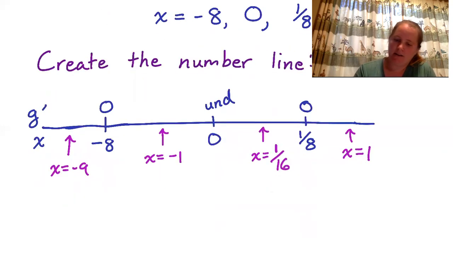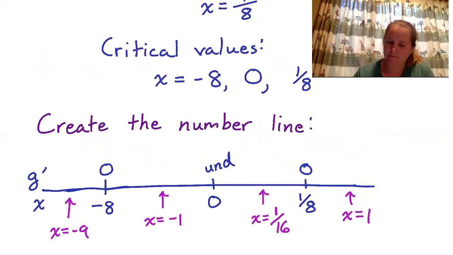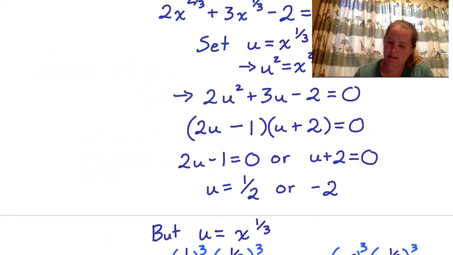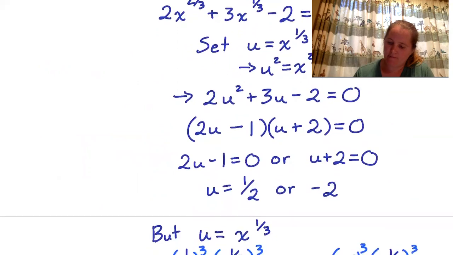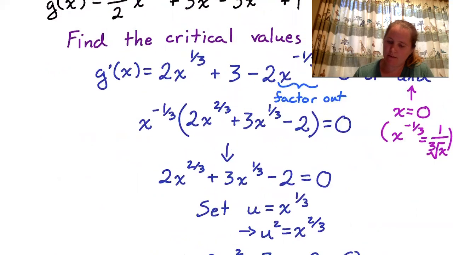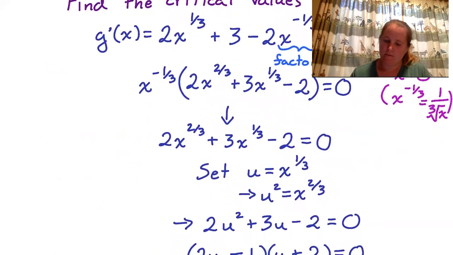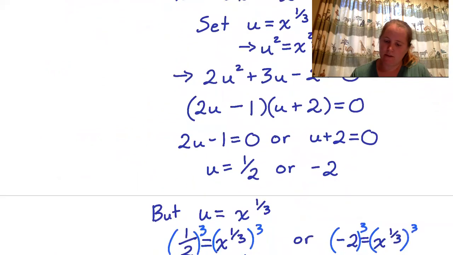So keep in mind that our derivative, g prime of x, was in factored form. We could do that, or we could do the original one. Let's do factored form.